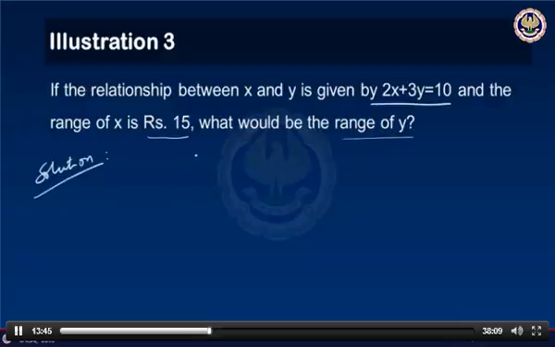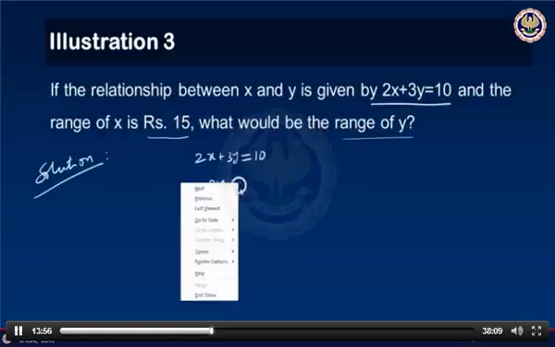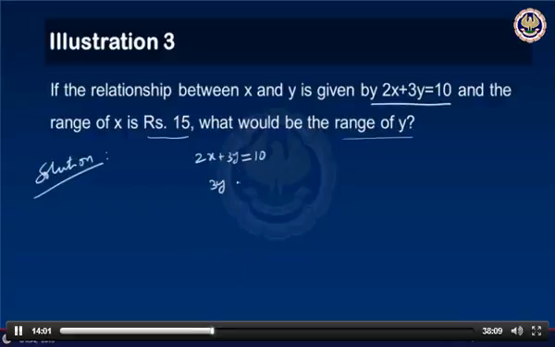Here 2x plus 3y equal to 10, so 3y equals 10 minus 2x, which implies y equal to 10 by 3 minus 2 by 3 x.